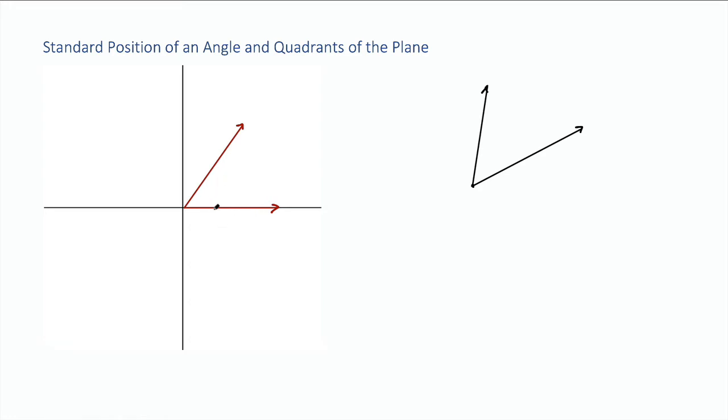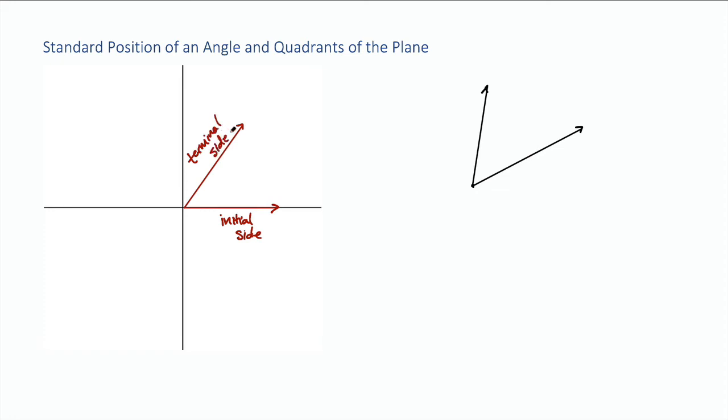This now is drawn in what we will call standard position, with this one side on the positive x-axis and the other in some other position. Now, this side that is on the positive x-axis, we're going to call the initial side. Think about moving from that side through the other side, which we're going to call the terminal side.